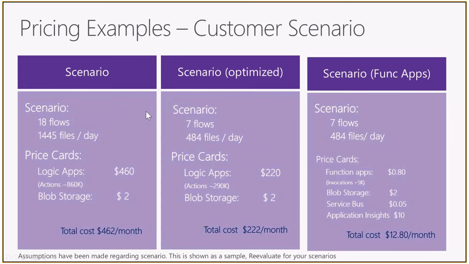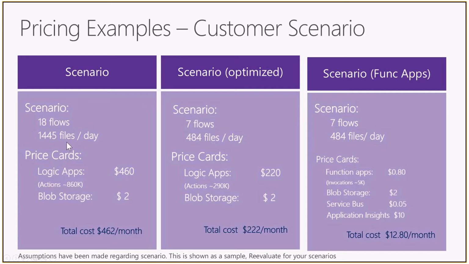This is a scenario where we had a customer who was uploading about 1,000 plus files a day, and their grand total came to about $462 a month. But when we took a look at it, it turned out that it was not quite optimized for what they were trying to do.